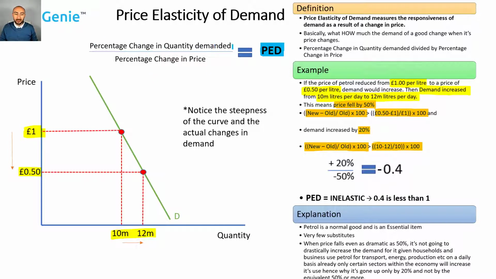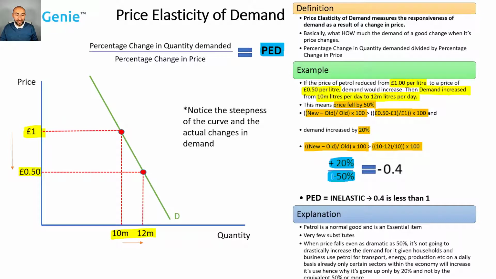So, percentage change in quantity demanded. We've already worked that out, haven't we? And what did we get? We got 20%. Okay, so in the numerator we put plus 20%, because quantity demanded has gone up by 20%. On the denominator, what's happened to price?